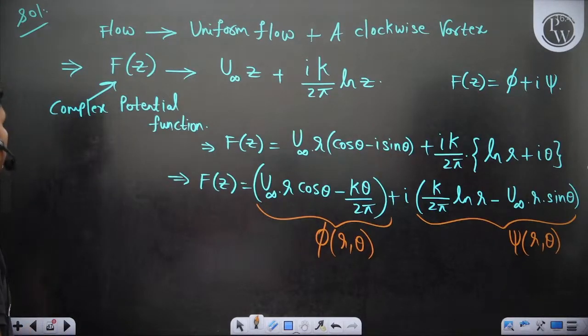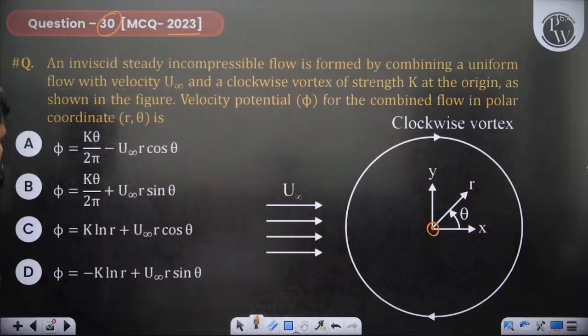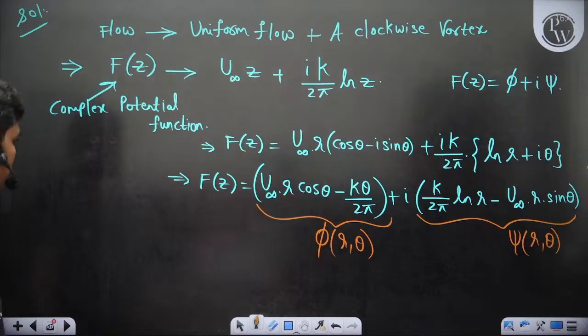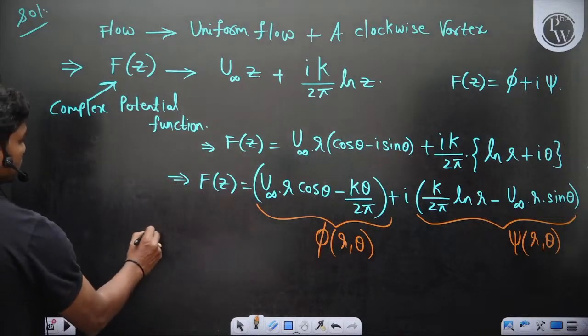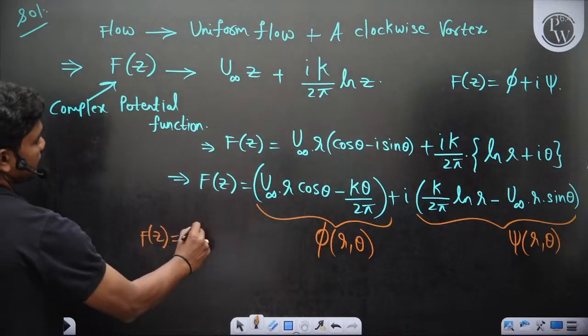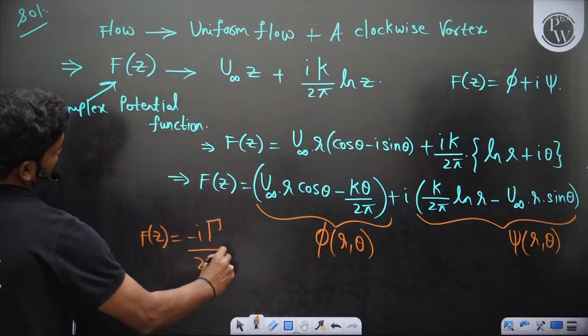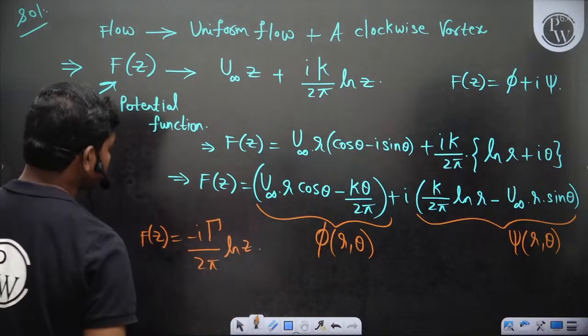minus k theta by 2 pi. It's a clockwise vertex, right? So definitely u infinity into r cos theta. The normal function is f of z is equal to minus I circulation by 2 pi ln z, but this is for the anti-clockwise vertex.